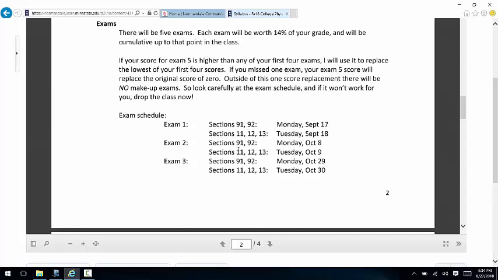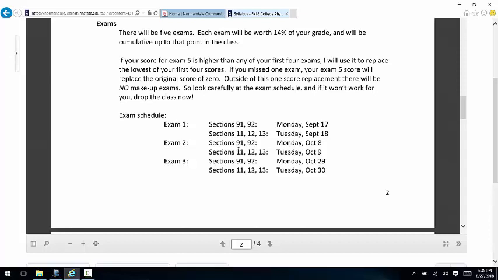When you get to the final, you will have already had 4 scores on the previous 4 exams. And if you score higher on the final than any one of those first 4 exams, say your exam scores are 90, 80, 60, 90, that's the 4, okay?